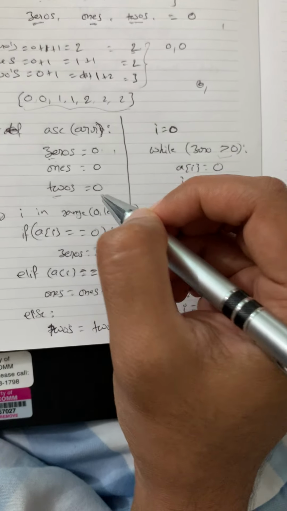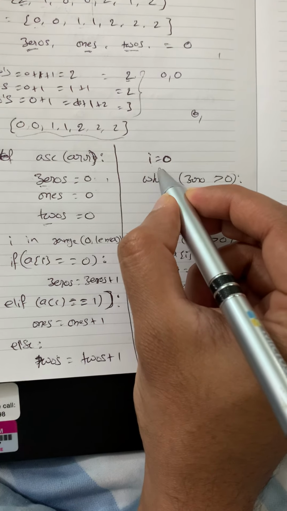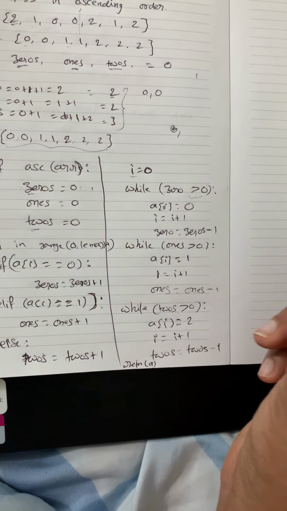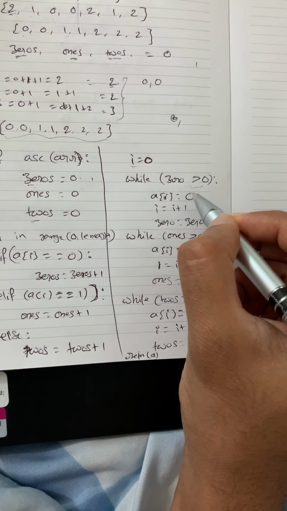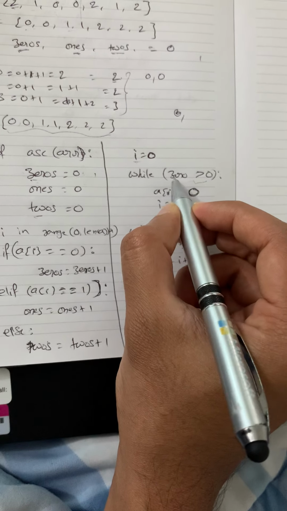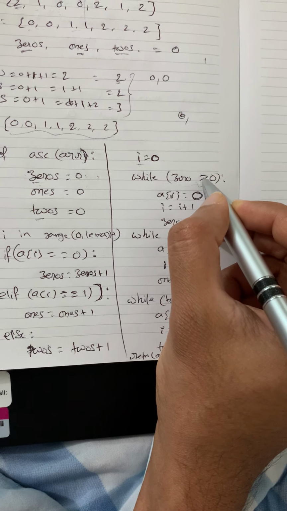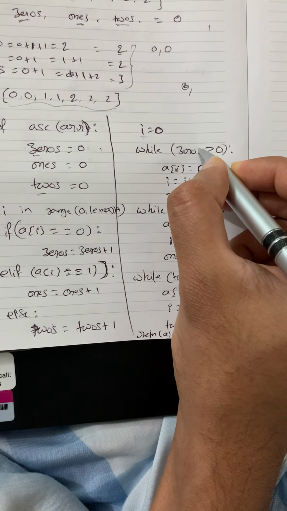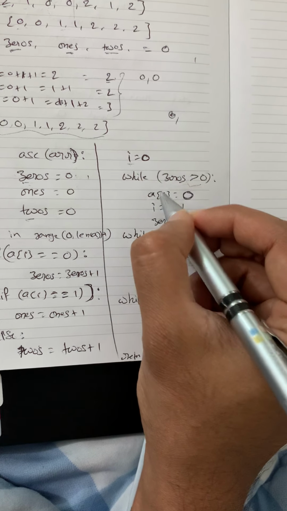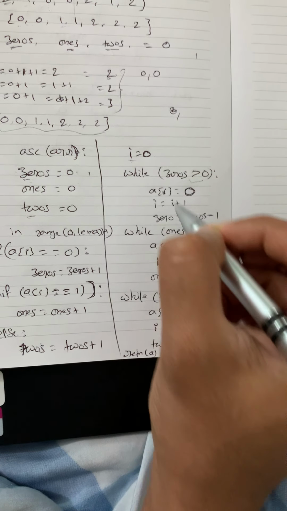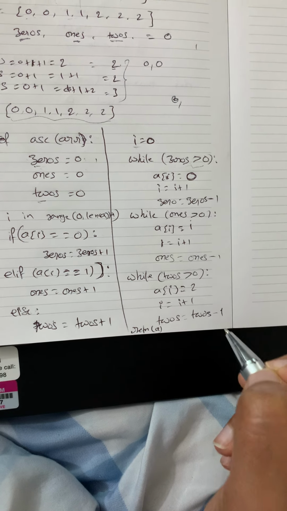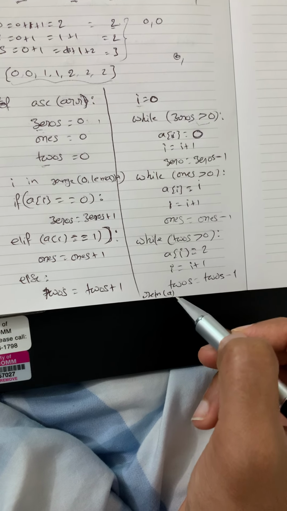Once I have it, I'll take another variable to fill the array. While zeros is greater than 0, I'll be adding 0 at position i of A, incrementing i, and decrementing zeros. I'm doing the same thing for all three values, zeros, ones, and twos. And at the end, I'm just returning A.